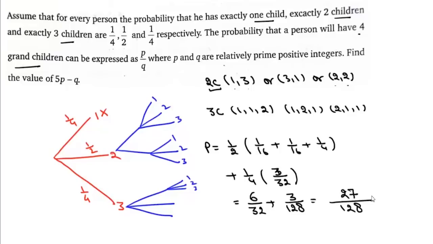And that's the value of P by Q. Now we need to find the value of 5P minus Q. So it will be 5 into 27 minus 128 and that will be simply 7. So the answer to this question is 7.